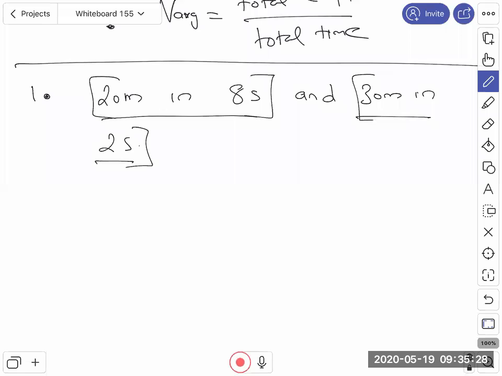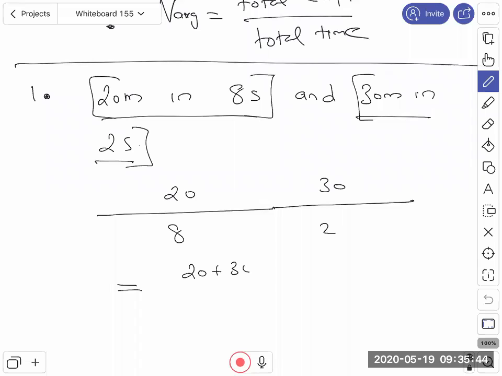We can directly find the answer: total displacement is 20 plus 30 and total time is 8 plus 2 seconds, which is 10. So we can write this as 50 divided by 10, which is equal to 5 meter per second, the value of the average velocity. I think it's clear, right? Yes, sir. So we'll go for the normal equation, total displacement by total time.